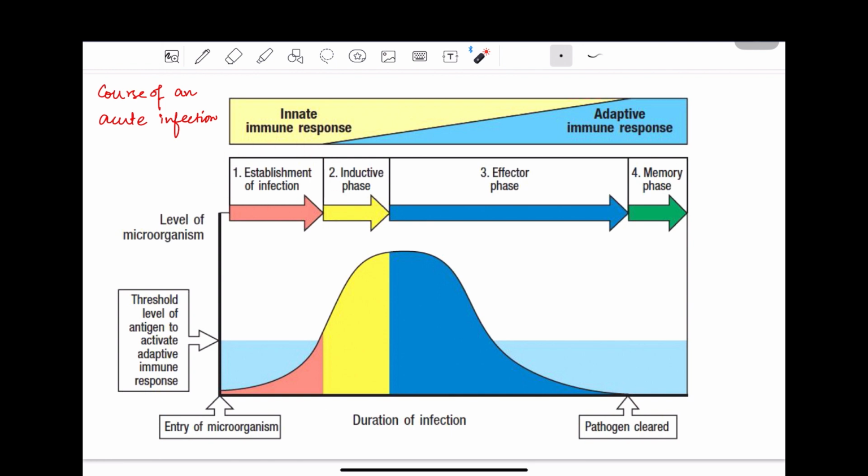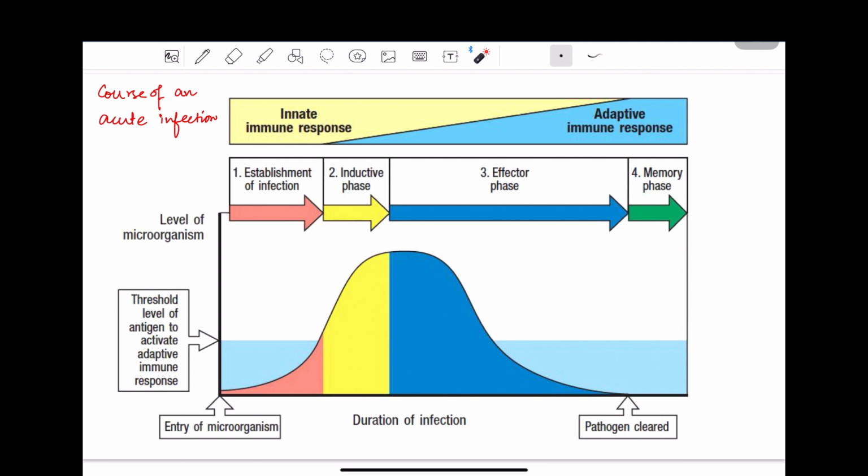This part is when the infection is established, and starting from when the microorganism enters our body, the innate immune response is generated. The innate immune response tries to restrain the pathogen in this period of time when the infection is being established.